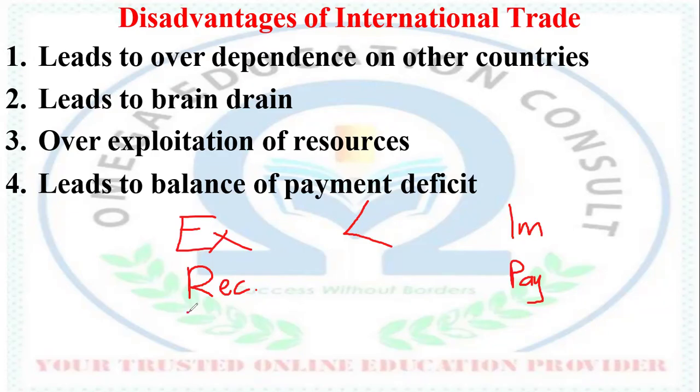So for instance, a given country may receive $100 million for exporting commodities, and yet will import commodities and then pay $250 million.